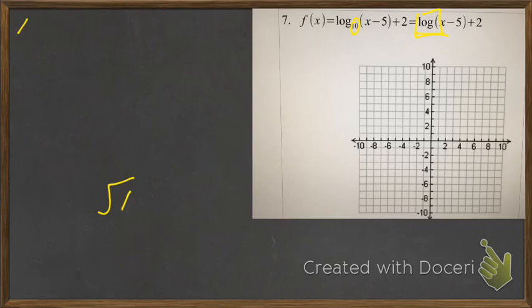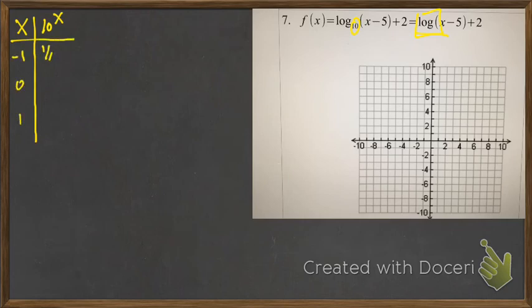Okay, so your calculator does have the log, so if you were graphing a log, I guess you could use it, but we want something that works for all of our logarithms. So this is base 10, so we're going to make the table for base 10 for the exponential. Minus 1, 0, and 1, so 1 over 10, 1, and 10. Its parent form has a horizontal asymptote of y is equal to 0.